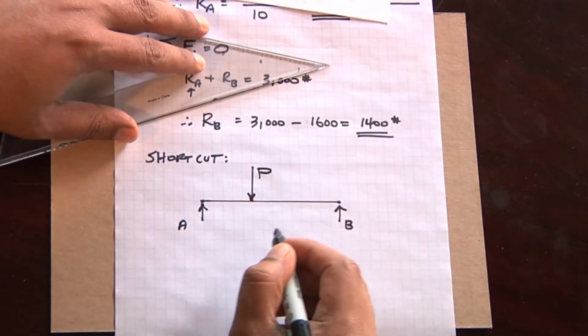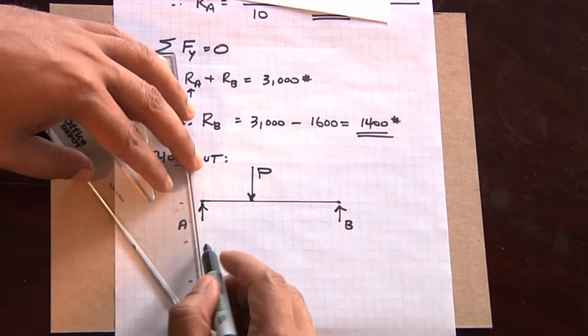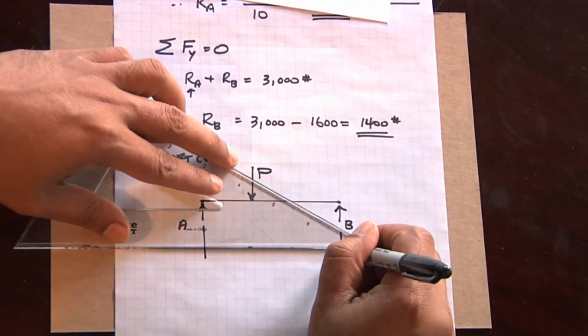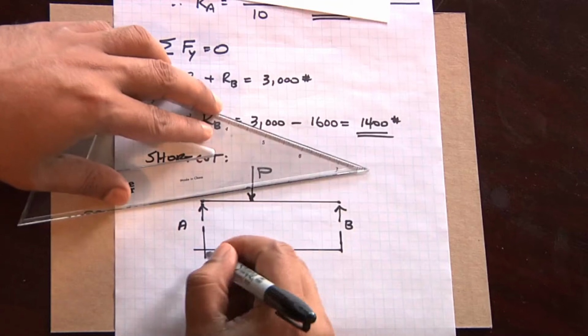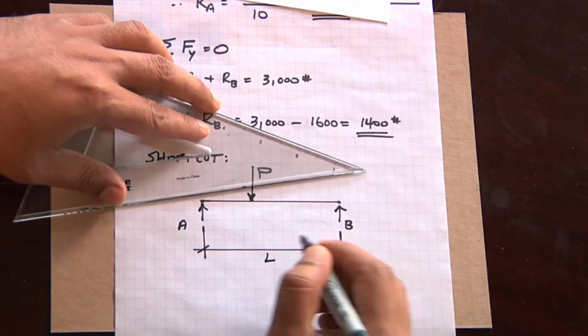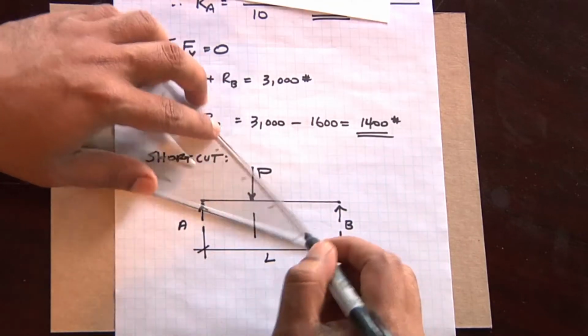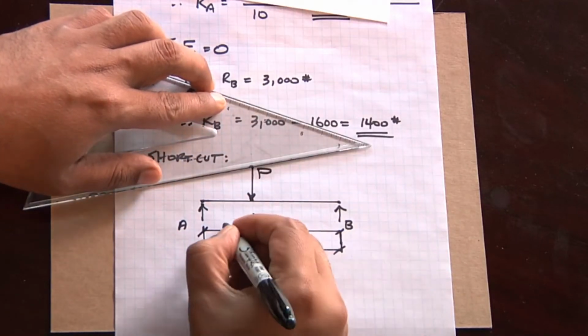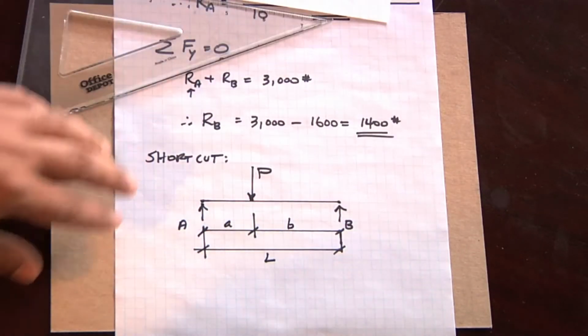We'll call it P. Let me identify some of the dimensions. Our span is L, and our spacing is A and B. I'm going to take a little divergence from solving this problem just to show you a little shortcut that will be of some use to you, I'm sure.